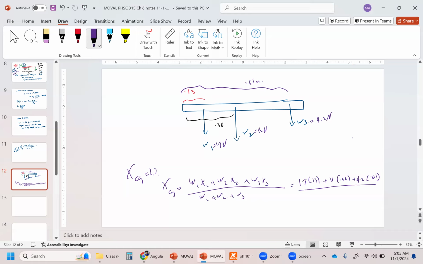Divide that by the weights, which is going to be 17 plus 11 plus 4.2.